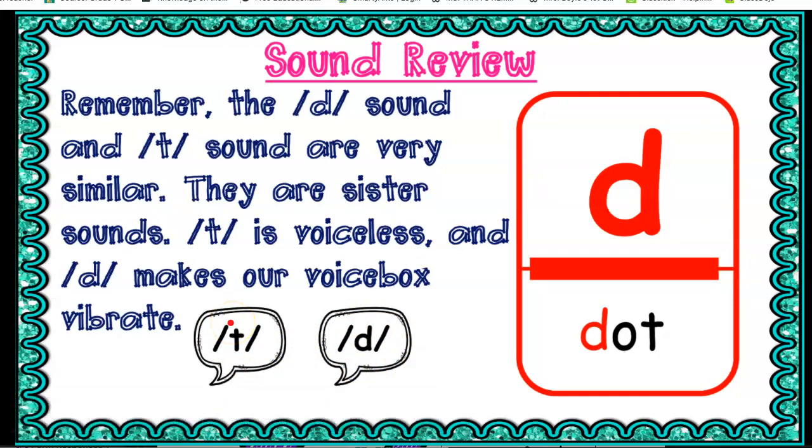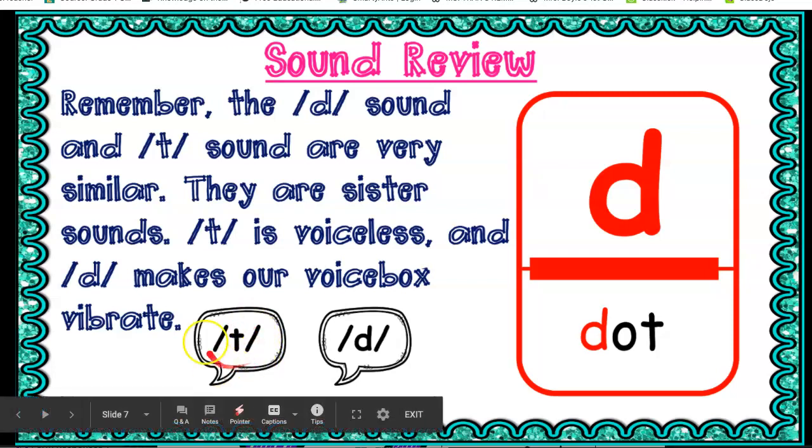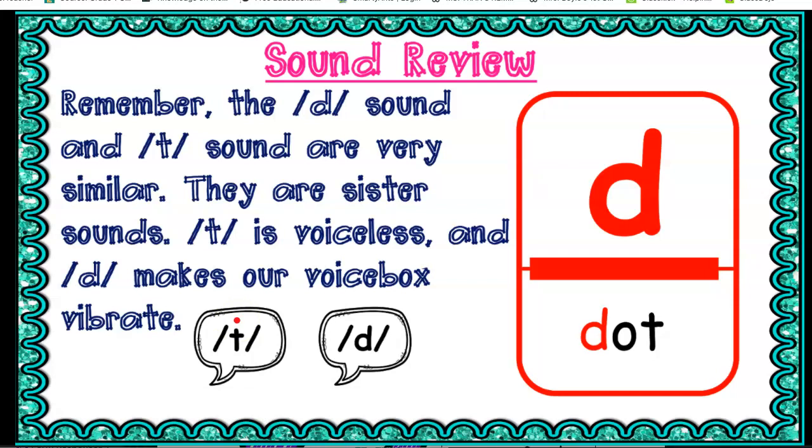They're sister sounds. So they sound a lot alike, but there's a little bit of a difference. If you put your hand on your throat and you make the t sound, you won't feel your voice box vibrating. You shouldn't feel anything. T. Now try and make the d sound. Do you feel the difference? You try it a few times.